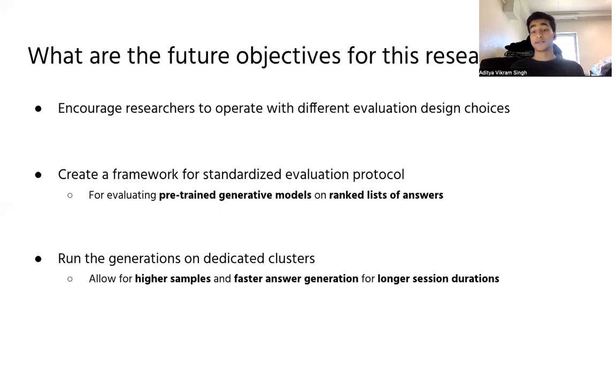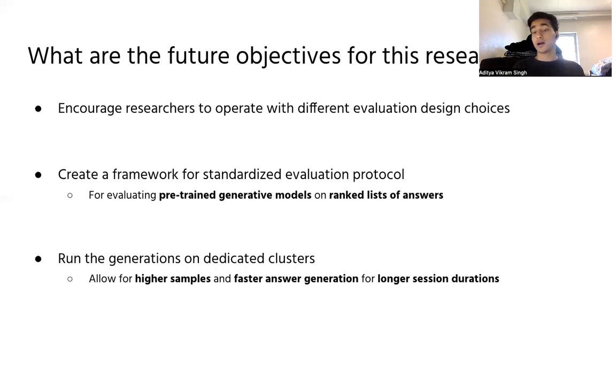So some of the future objectives of this research, we definitely wanted to encourage researchers to operate with different evaluation design choices. So our evaluation design was to generate a ranked list of answers and evaluate it based on two metrics.